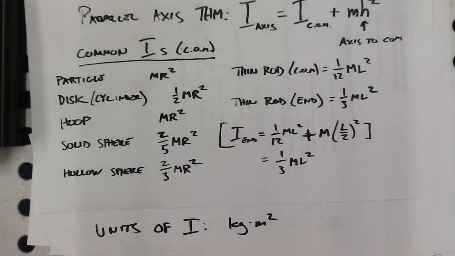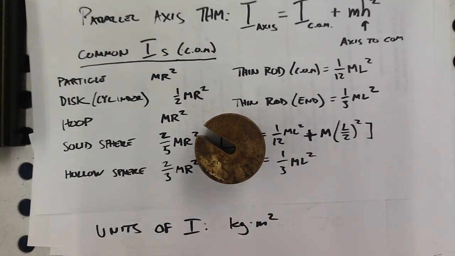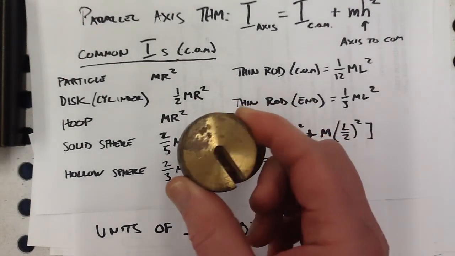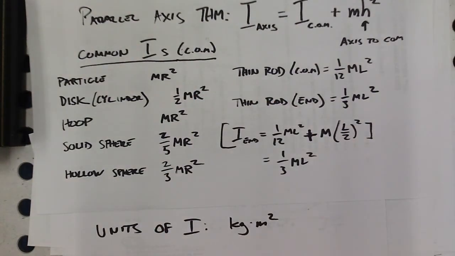And just like if you have an object like a 500-gram mass, and then you put a 100-gram mass on top of it, what's the total mass? It's 600 grams. You just add them up. The same thing is true for rotational inertias. They just add up.